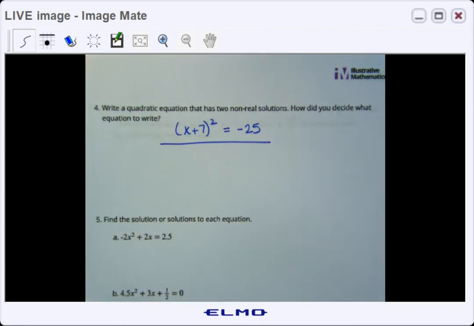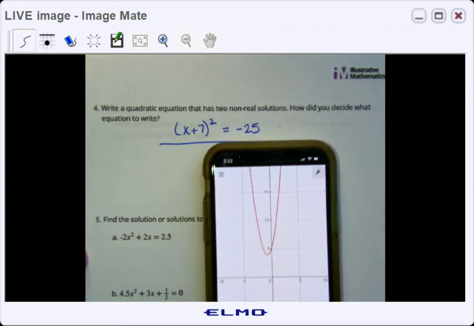Or you could just make up a quadratic and look at it on a graph and then determine what value you want to set it equal to so it does not have real solutions. An example of that might be this one here that I have on my screen.